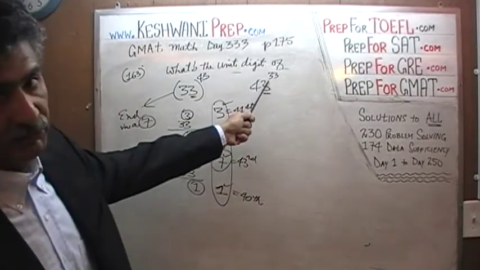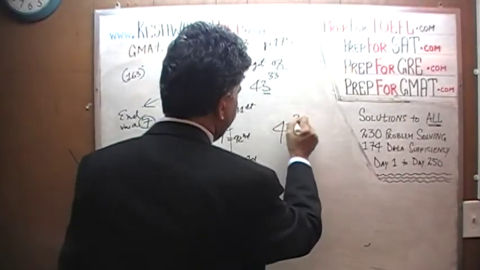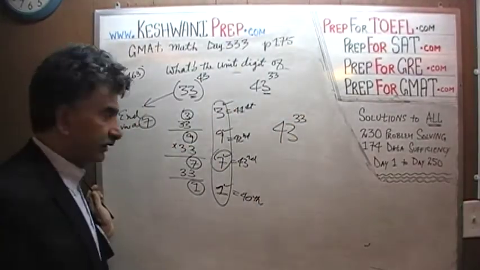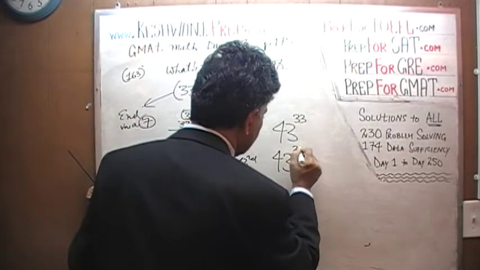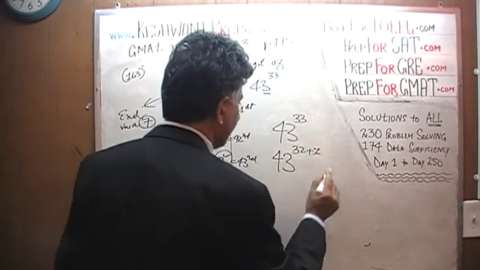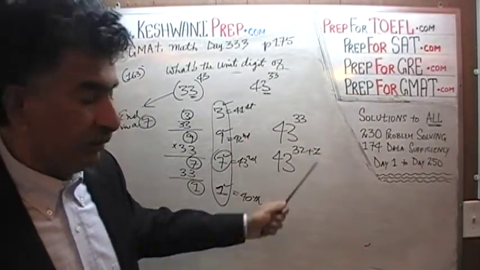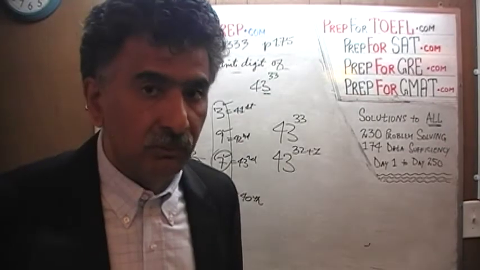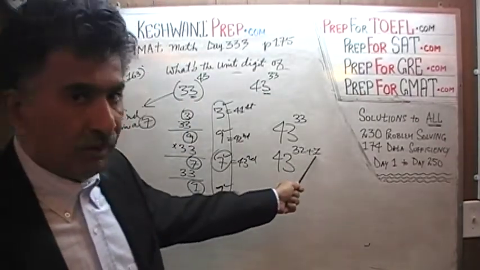Now let's find out the other one. This is 43 raised to 33, and it ends in the same pattern. How many 4s in 33? 33 has 8 4s. 33 can be written as 32 plus 1. 32 is divisible by 4, so we have 8 complete cycles, and then one more to go.